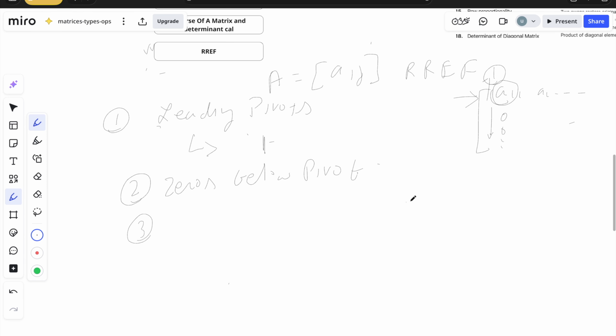Any row that is 0 appears below all non-zero rows. So basically it means that if this is a 0 row, it should appear below all non-zero rows. Let's understand row ordering in a bit more detail.